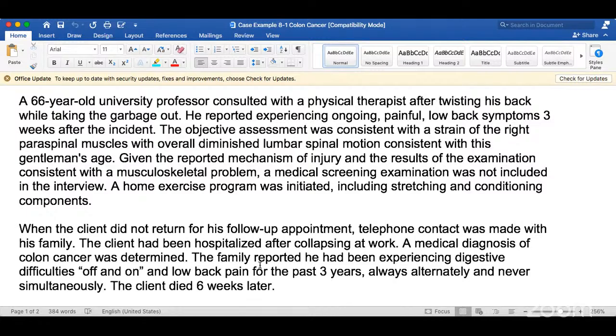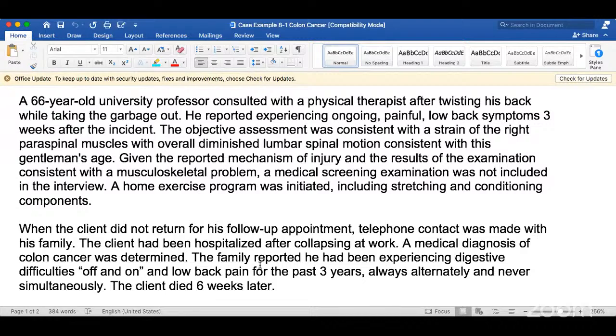And just like the last speaker said, I wanted to add that if this prof had been taking out the garbage in the previous weeks or days or months, could it be that he lifted something heavier than usual? Because we got to the end of this story, that 6 weeks later, the client passed.